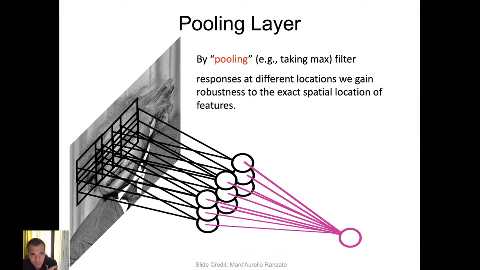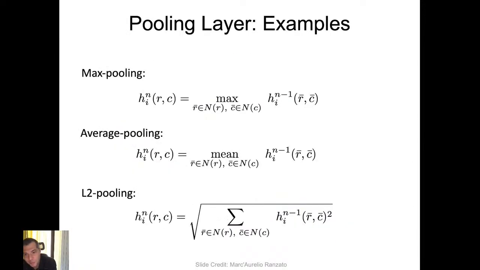What this means is that we want a model that is invariant to slight changes of the spatial locations of these features. In one pooling layer we obtain this robustness to small variations, but if we have more pooling layers in our convolutional neural networks, we increase the robustness, and this can go to almost the entire image in some cases.